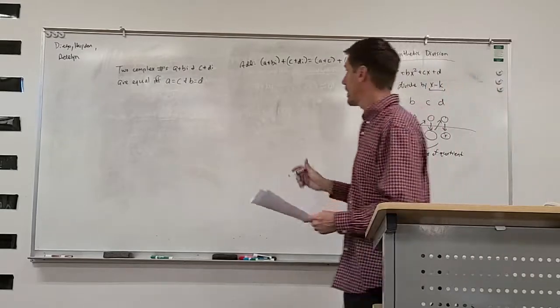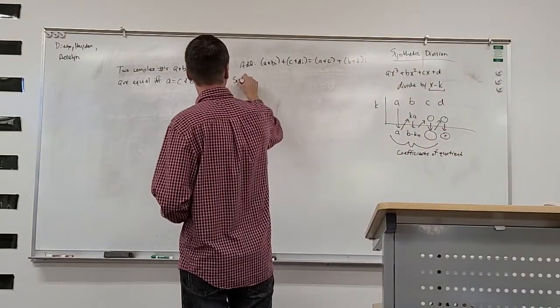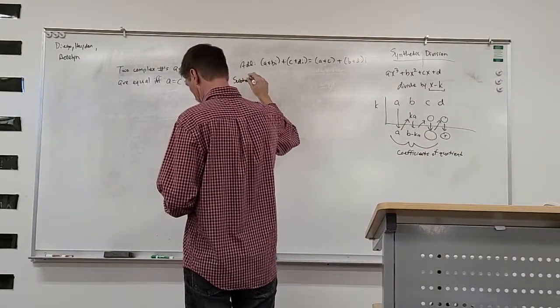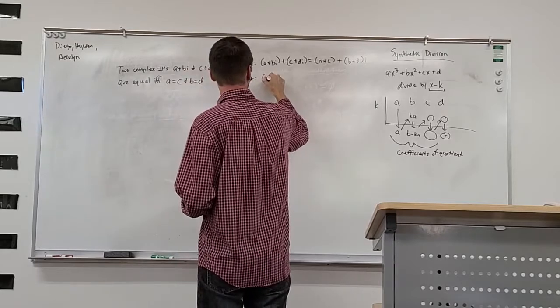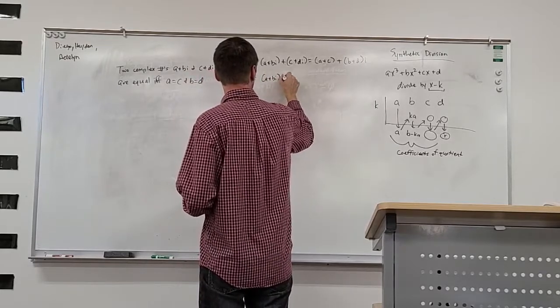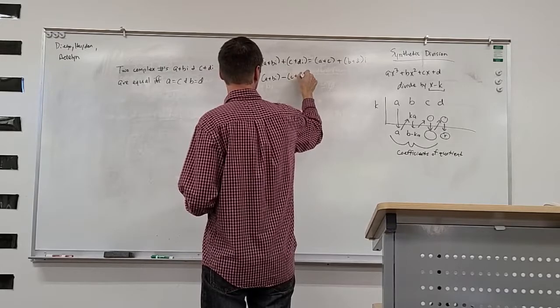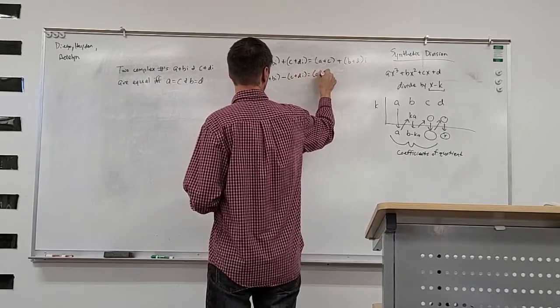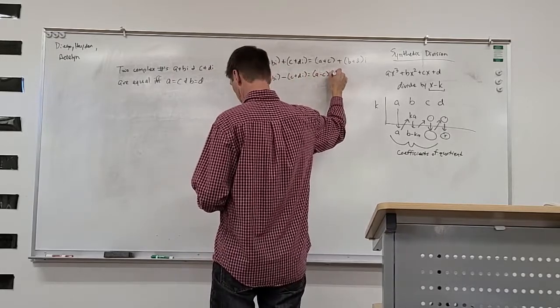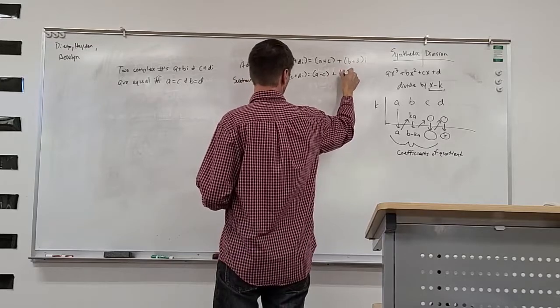Of course, subtracting is the same thing, but you're taking a difference. So a plus bi minus c plus di equals a minus c plus b minus d times i.